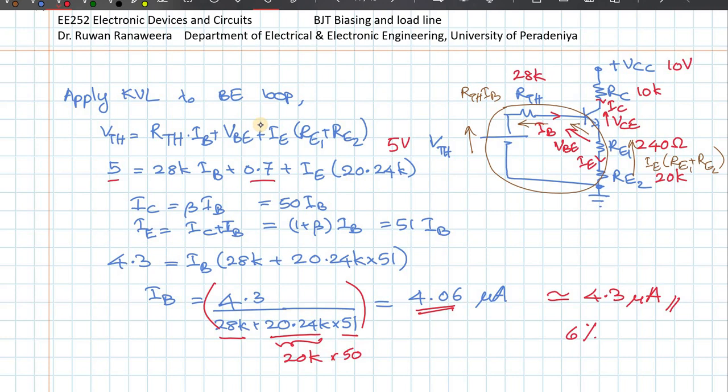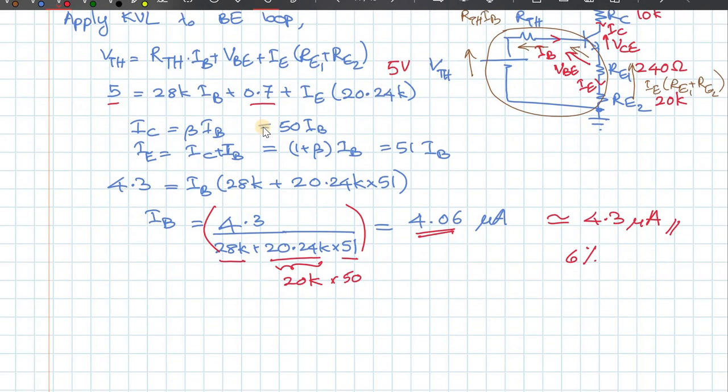Okay, but if you want to be more accurate, you can be more stringent as necessary, or maybe you can just consider only the 28K. So let's say this whole thing can be approximated to 1028K instead of 1000K, which would give you a value of roughly 4.18 microamperes. Again, it's not exact, but you see the trend: if you say this is about 4.1 microamperes, this is more than enough.